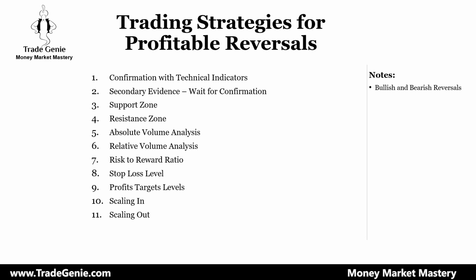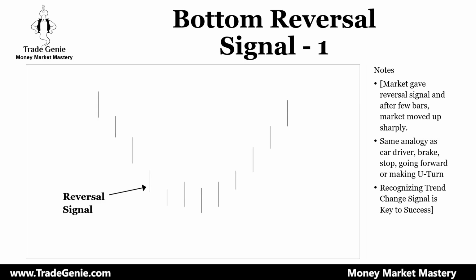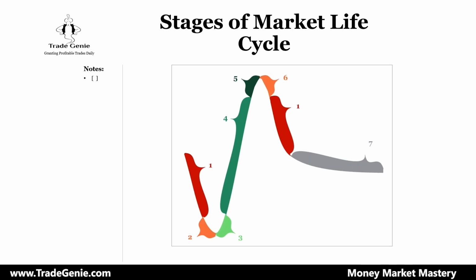After the reversal signal comes in, if your analysis is correct and stage 4 kicks in, then the volume should build up, because this is where other big boys start to participate also. It's not like all the big boys are already invested here and nobody is left. No, it's not like that.